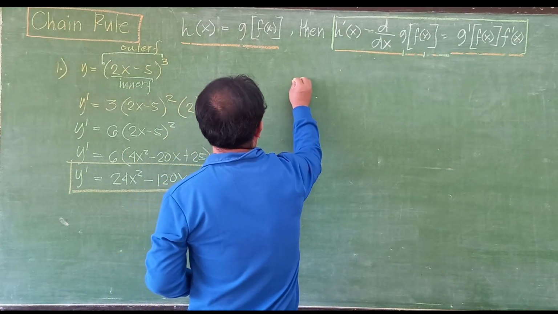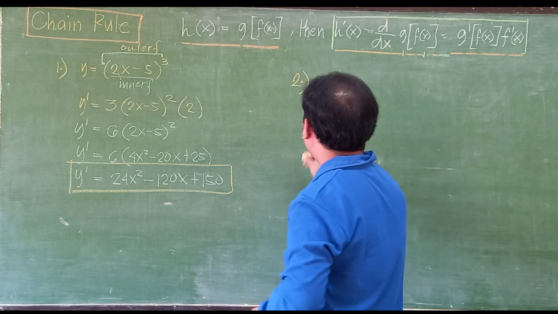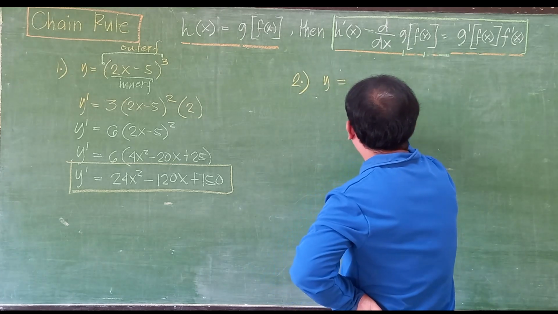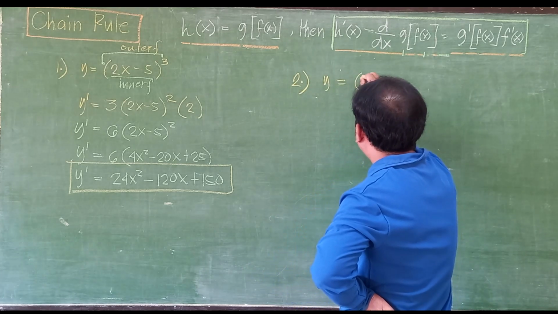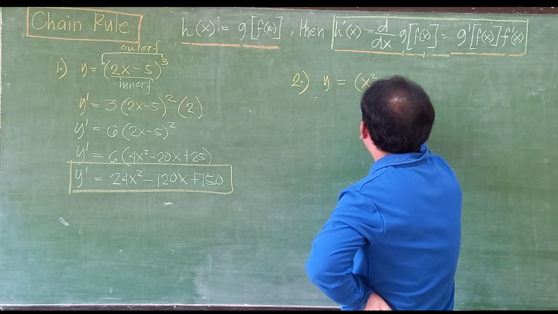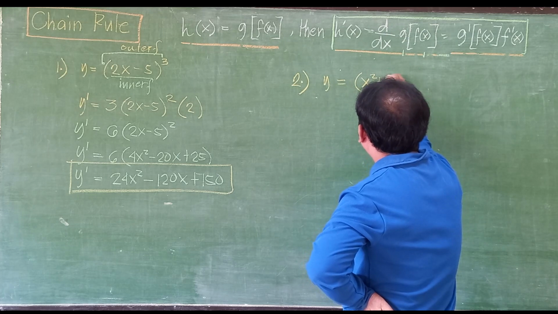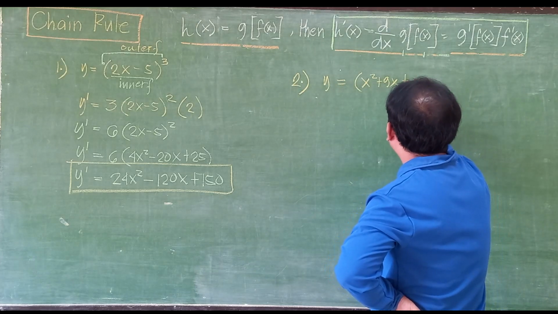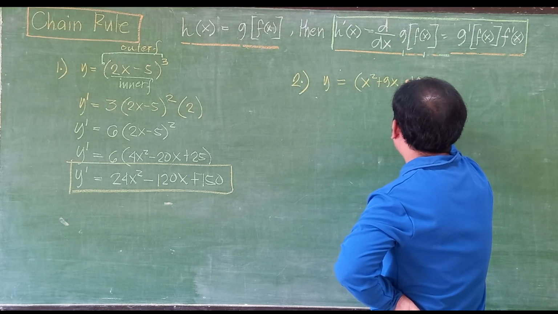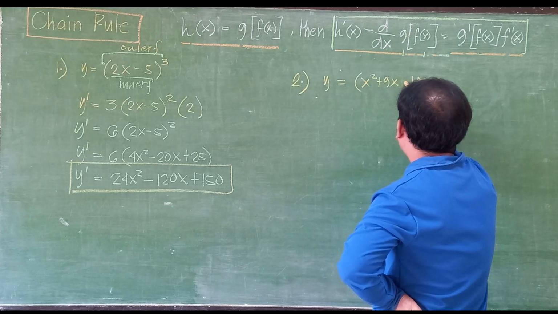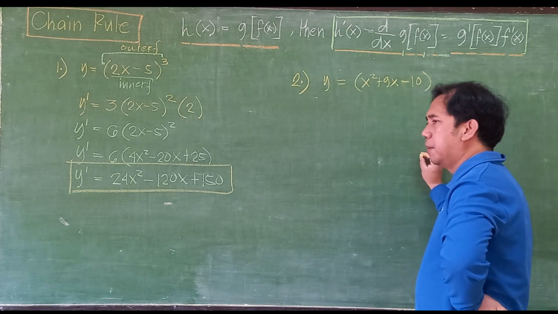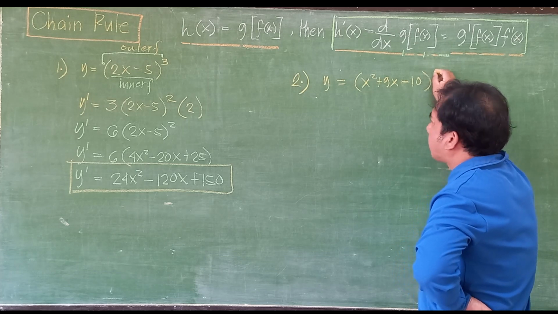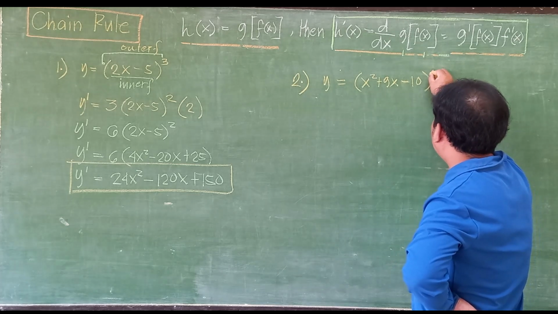For our number 2, we have y equal to the quantity x raised to 2, plus 9x, minus 10, and notice that we have here raised to 4.